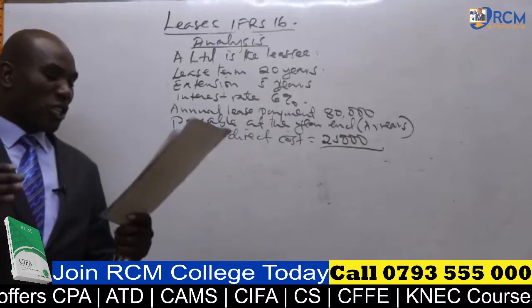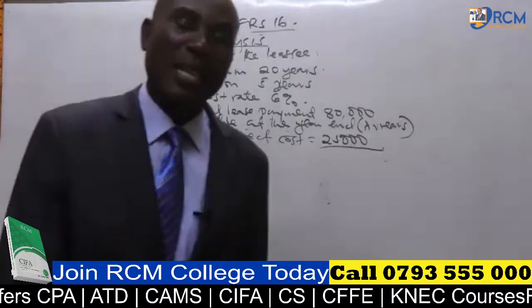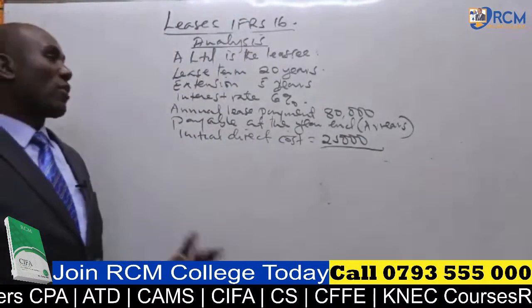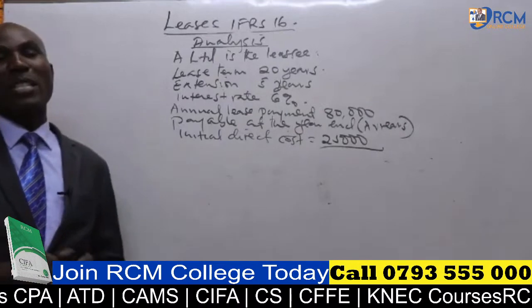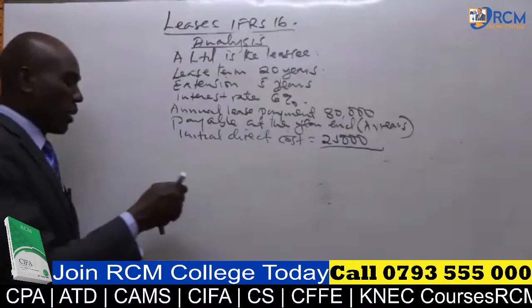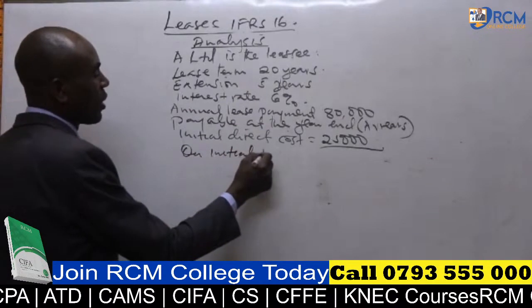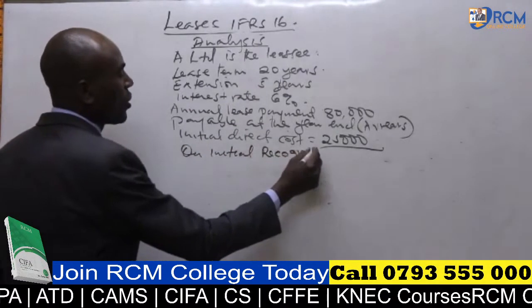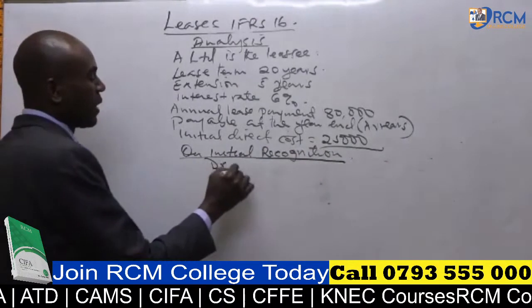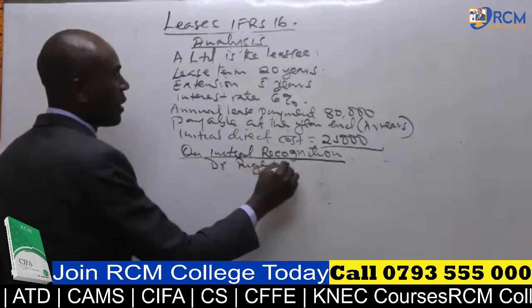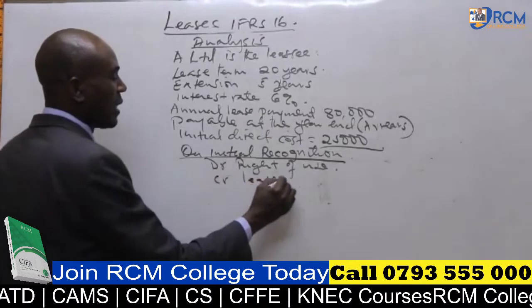Required, show how A Limited will account for the above lease transaction. The first thing in our lease, on initial recognition: you debit the right of use asset, then credit the lease liability.